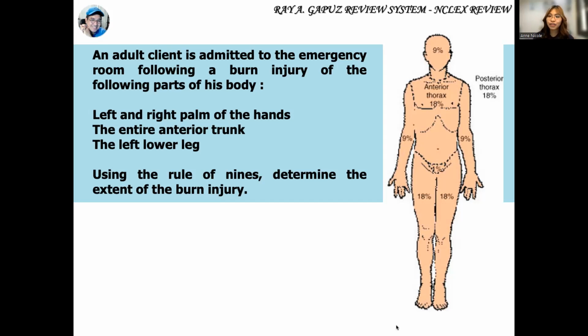Okay, rule of nines is in order for us to calculate the total body surface of burns, we have to use the rule of nines. So what do you call this? Head is 9. Okay, head is 9. It also consists of the neck. Each palm is 1.5, so a total of 3% if both palms are included.